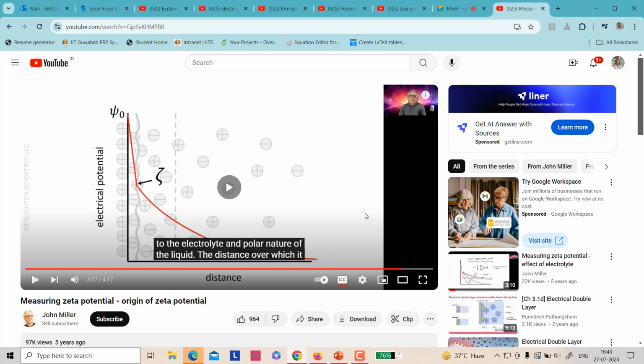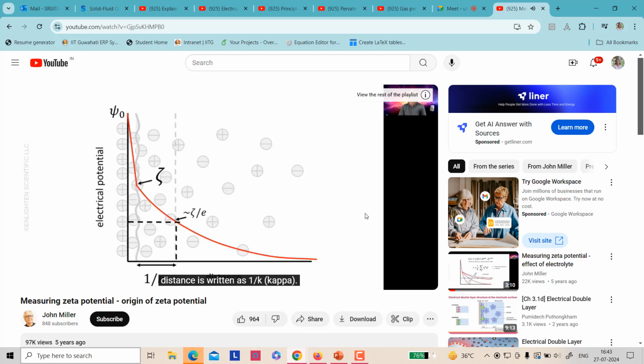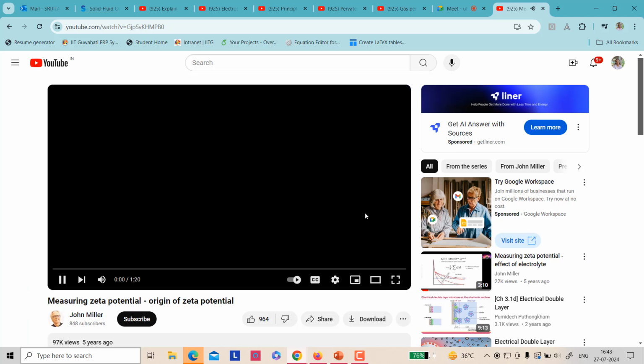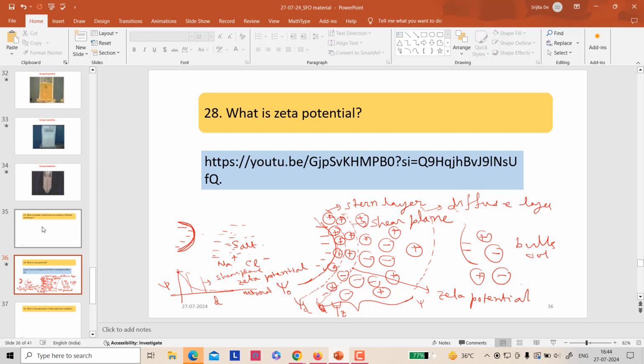The distance over which it decreases depends on a number of factors. The Debye length is defined as the distance at which the potential has decayed to 1 over e of its initial value, and this distance is written as 1 over kappa. So this is the zeta potential.